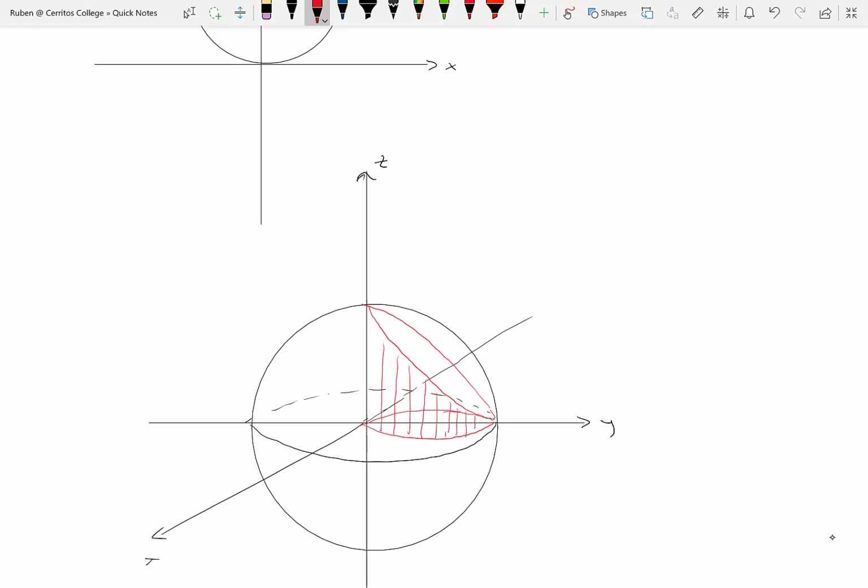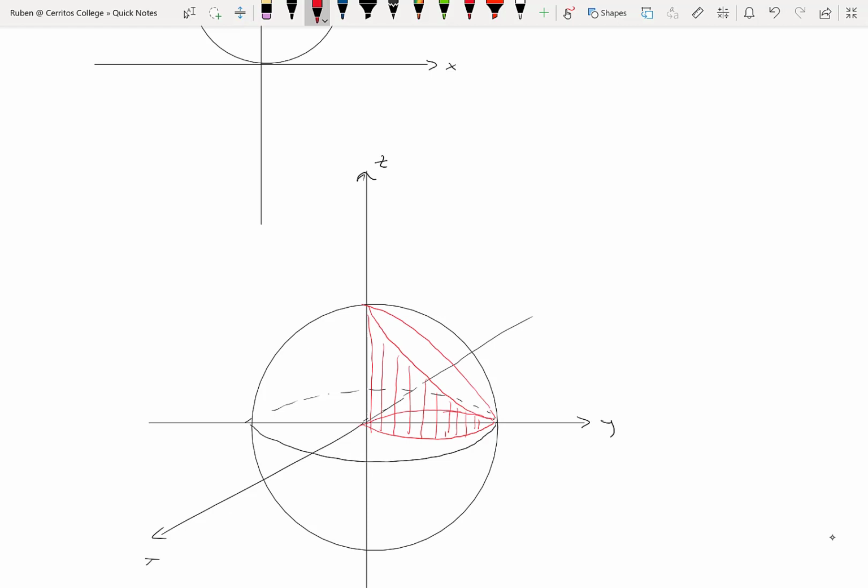Hopefully you're seeing what I intend for you to see, and that is a sphere and a circular cylinder, not centered along the z-axis, smashing through this sphere and forming a portion of the sphere. Okay.